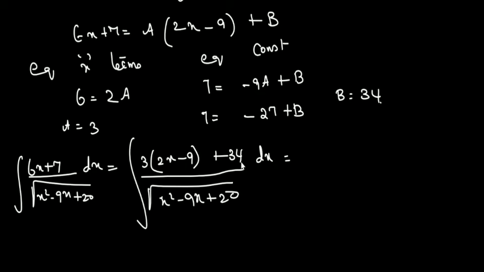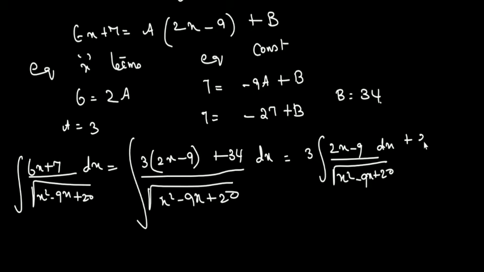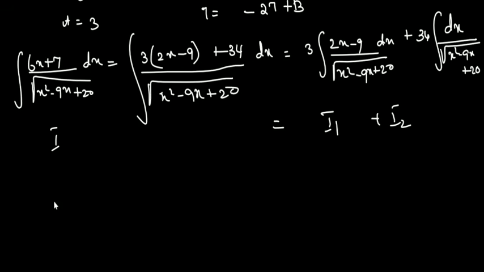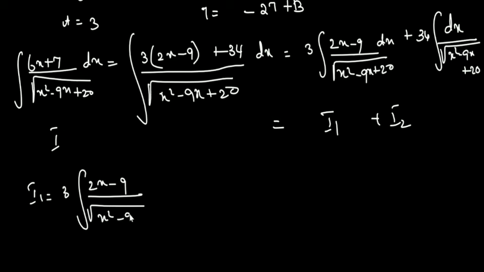So we can split this into two integrals: 3 into integral 2x minus 9 by root of x square minus 9x plus 20 dx, plus 34 into integral dx by root of x square minus 9x plus 20. We'll call these integral 1 and integral 2. Integral 1 is 3 into 2x minus 9 by root of x square minus 9x plus 20 dx.